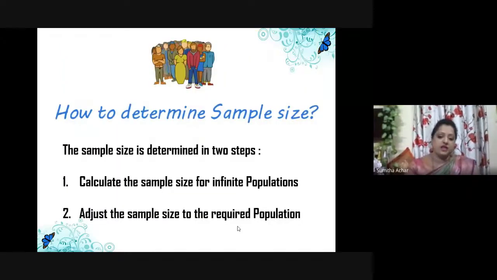Now the question, I said, do you know the population size always? Not necessarily, right? So the method to decide the sample size, according to Cochran, there are 2 basic methods in survey sampling. One, calculate the sample size for the infinite population generally, and then adjust it for your population size.